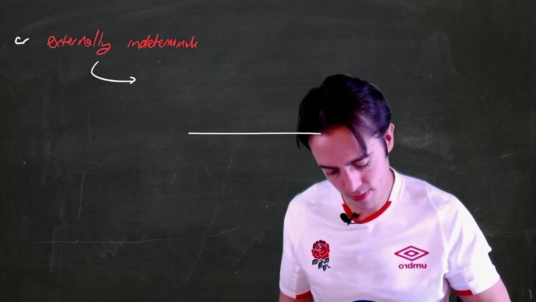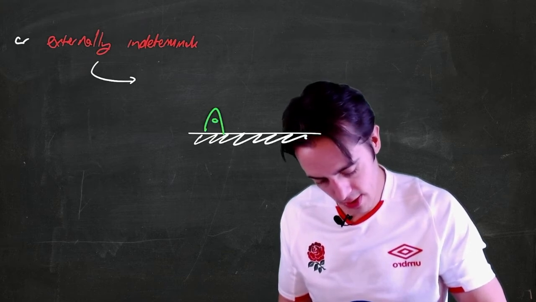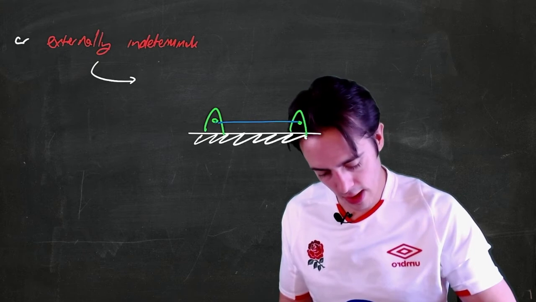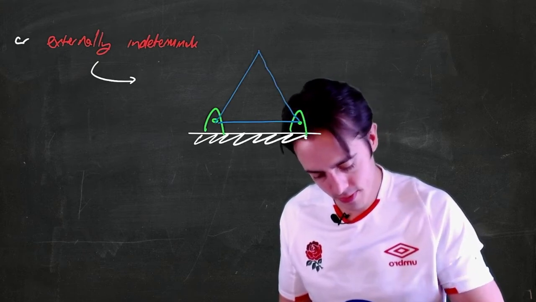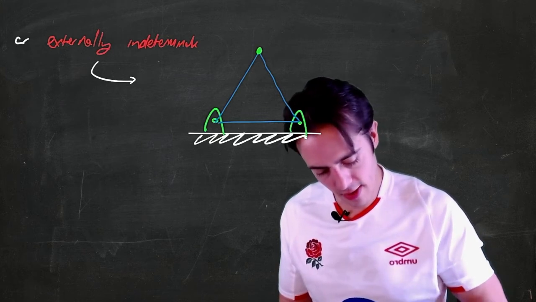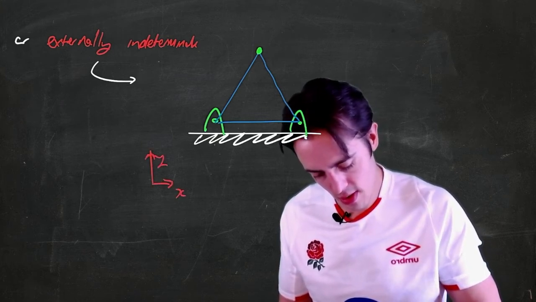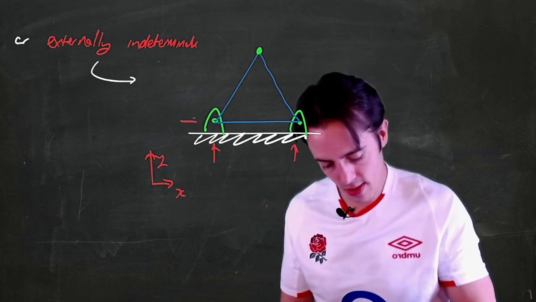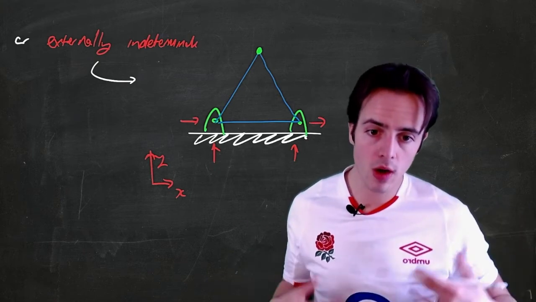So if we have a problem where we've got two built-in supports and a suitable number of members and nodes between them, then you should be able to see immediately that if I put a frame of reference on here, which we should always do, then I've got two vertical reactions from these two built-ins and two horizontal reactions. So I've got four unknowns.